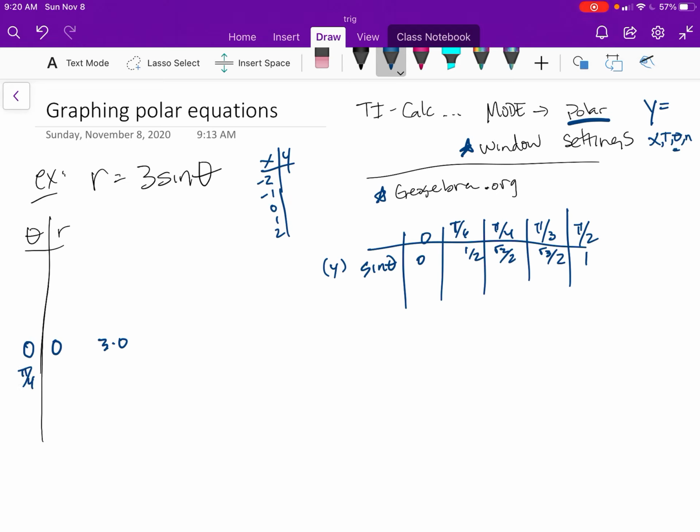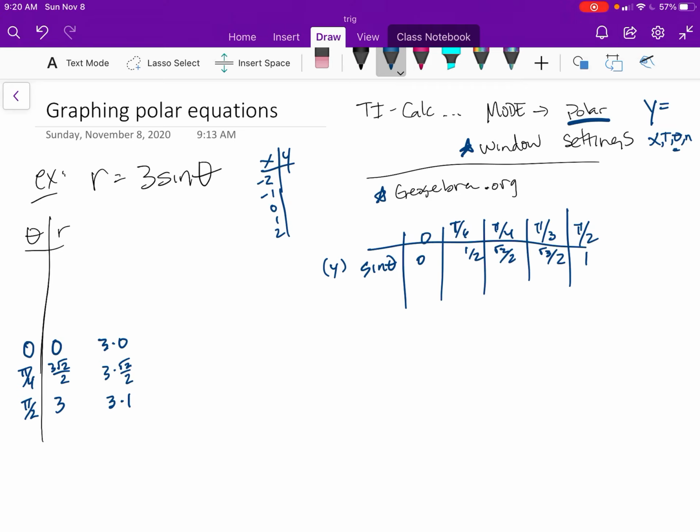And we'd have 3 times root 2 over 2, so 3 root 2 over 2. And we would want a calculator to start approximating these. And then let's go up to pi over 2 for an angle. So we just have 3 times 1.